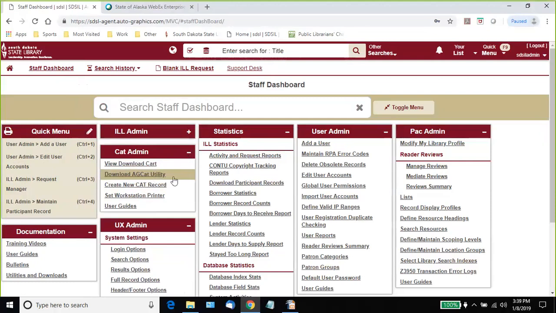I have that on this computer already. It's what I mentioned a while ago that's similar to a MarkEdit program. It's what you use when you want to edit records that you find in ShareIt. You can also use it to create brand new records if you want to do original cataloging.